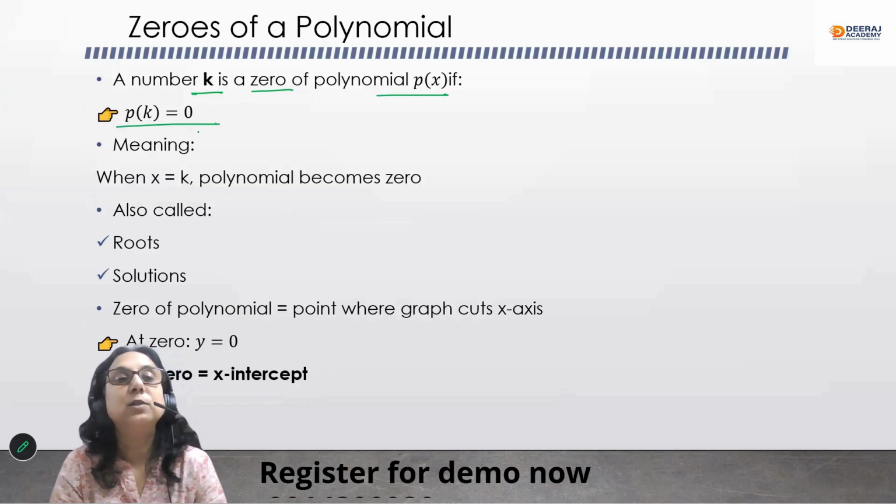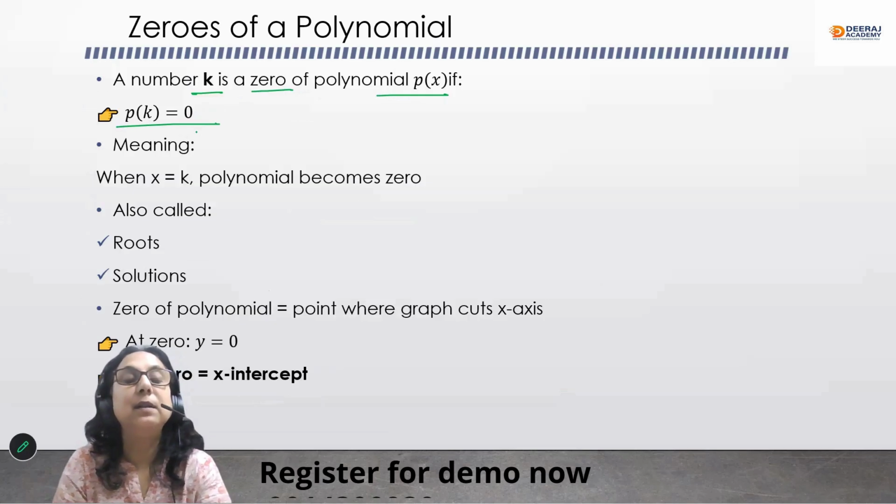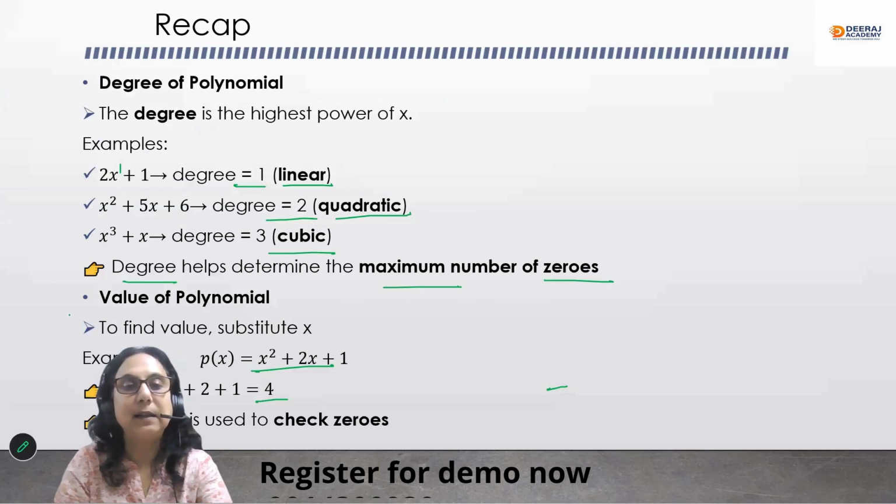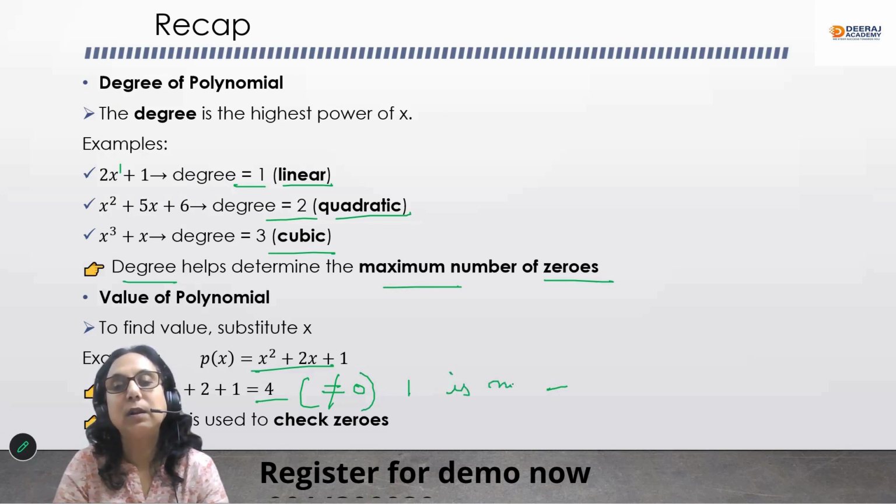In the last example, p(1) is not equal to 0, which means 1 is not a zero of p(x).